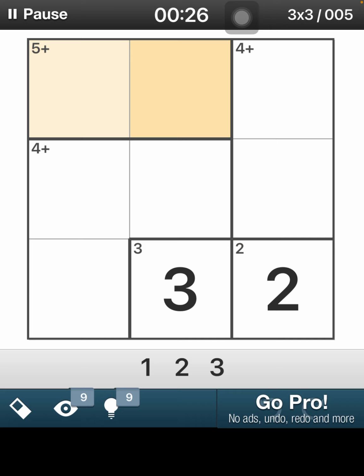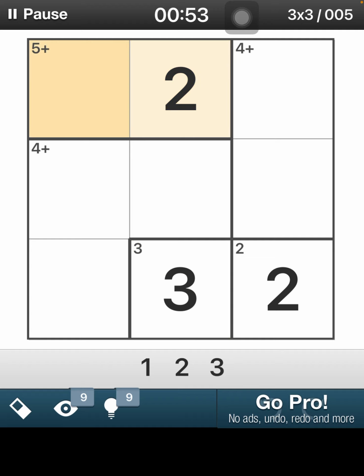I know it has to be either a 2 and a 3 or a 3 and a 2. So this box I've highlighted is either a 2 or a 3. But this tells me it cannot be a 3. So I know it is a 2.